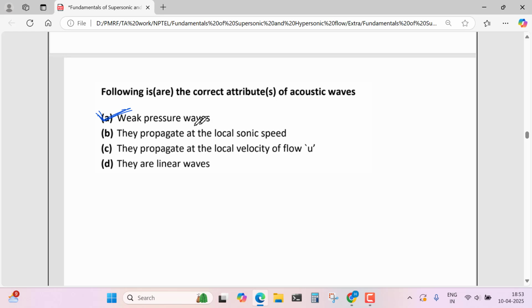They have Mach number equal to 1. And if they are propagating at local sonic speed, they cannot propagate with the local velocity of the flow. Option C is wrong. And they are linear waves. So options A, B and D are the correct options.